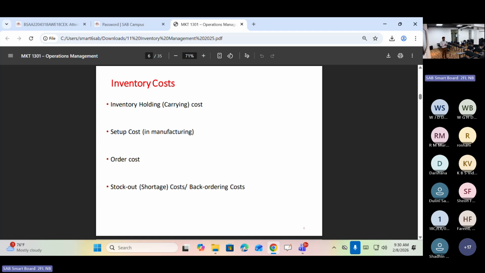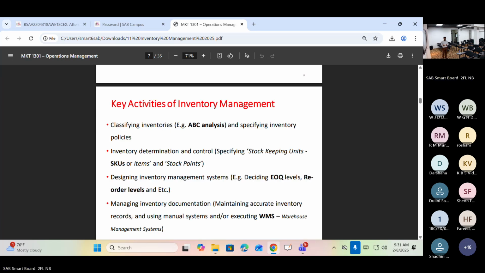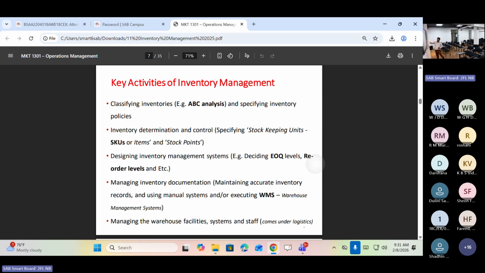Now in inventory management, like in any other operations decisions, the purpose is to maintain appropriate inventory levels while minimizing inventory costs. That is what we try to understand. And for that, there are different inventory management related activities. In fact, this is what I want to explain to you as the main part of inventory management.